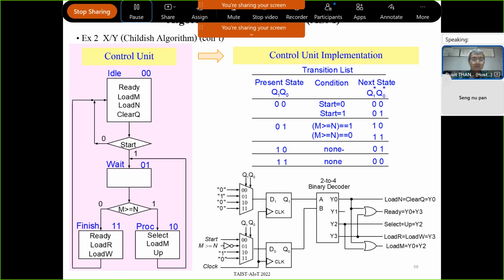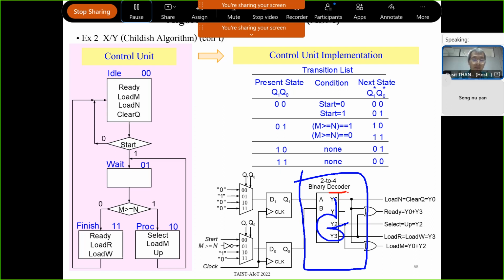Okay, now from this one, I will use a decoder to generate circuit G, from yesterday's lecture, you know, right?